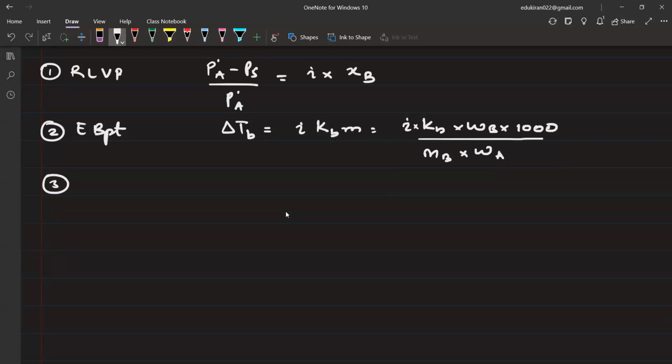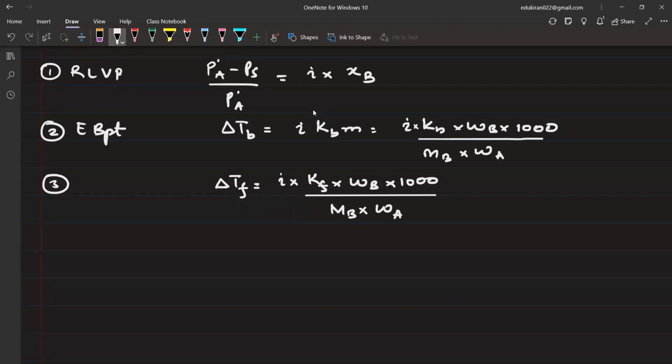Third is delta TF. So I can directly write i into KF into WB into 1000, and this whole thing will be divided by MB into WA. Now, fourth is the osmotic pressure. So pi will be equal to i into CRT.